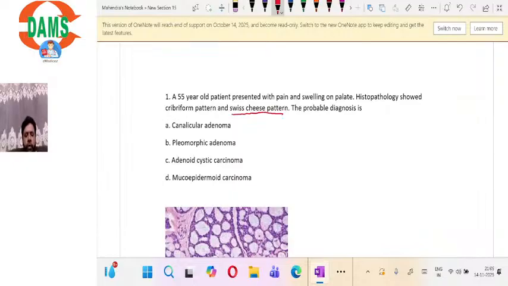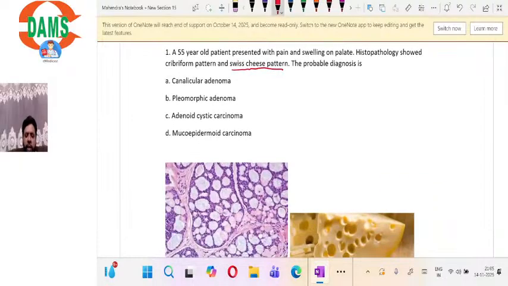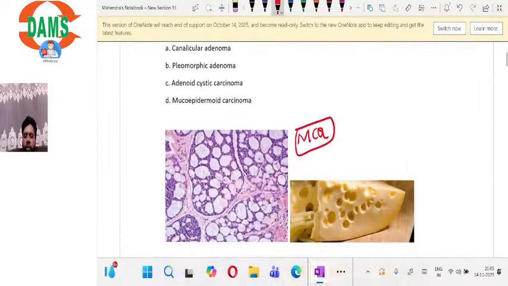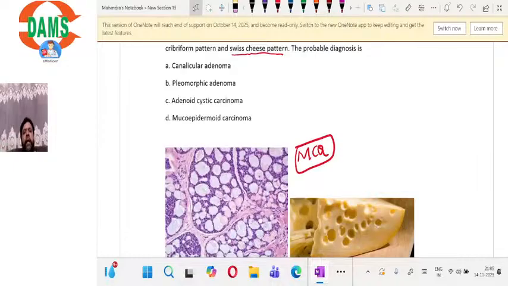The probable diagnosis is... see, this image I have discussed multiple times. Swiss cheese pattern is a typical pattern. If you open the notes, this image is there. We have discussed already that Swiss cheese pattern is typical of adenoid cystic carcinoma.